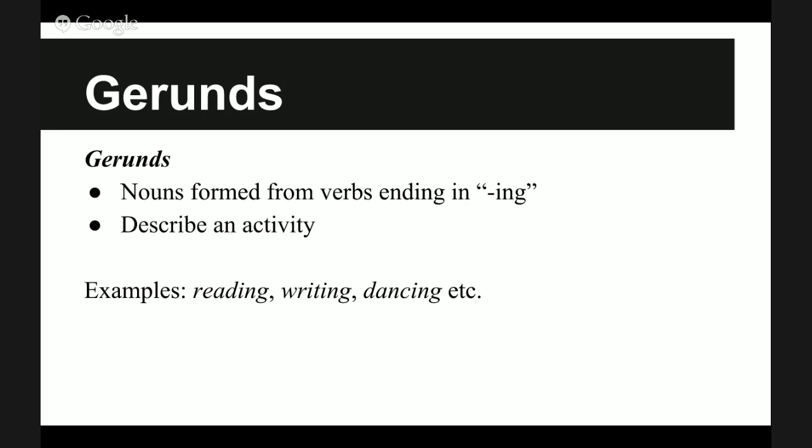So the gerund reading is formed from the verb to read, which describes an action or conveys an action. But when I attach the ing to the end of it, it becomes a noun that describes an activity. So gerunds, important thing to remember, they describe activities and they end in ing.